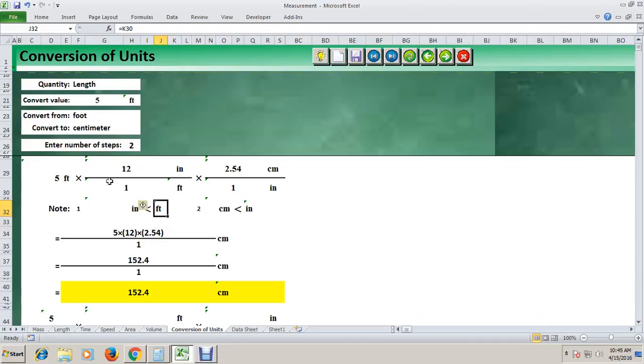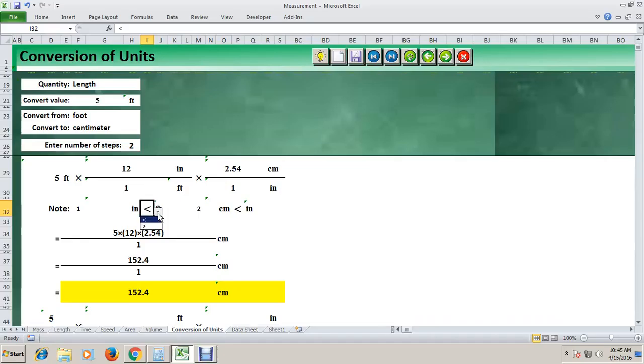That means in your solution, there should be a greater number of inches as compared to the number of foot. That is why you have 12 units of inches for every 1 foot, since the inch is a smaller measure of length as compared to foot. That means there are more inches within a foot, as there are foot in inches.